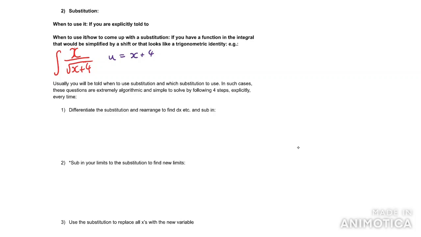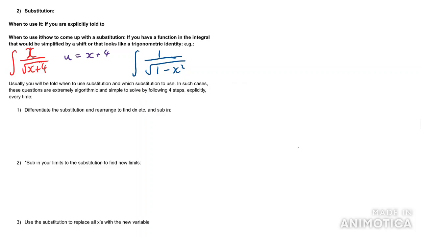What about this trigonometric identity one? I mean, so this, for example, well, what trigonometric identity does that look like? So that actually reminds me of sine x is equal to the square root of 1 minus cos squared x.